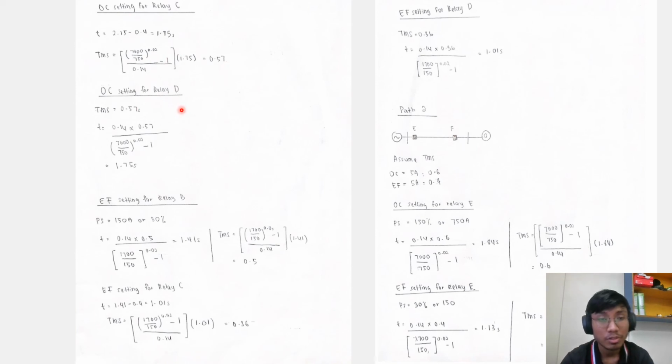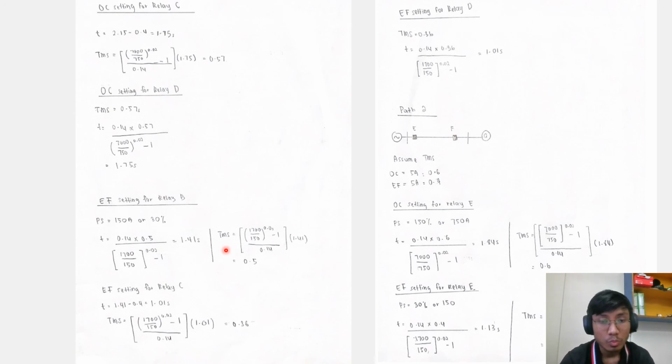For the OC setting for relay D, the TMS is obtained as in relay C, and we use it to calculate the T for relay D, which gives 1.75 seconds, equivalent to the time in relay C. For the EF setting for relay B, for the T formula, we take the current from the 1 phase current, and for the setting current, we use the current from the plug setting, which is 150 amp, or 30% of 500 ampere.